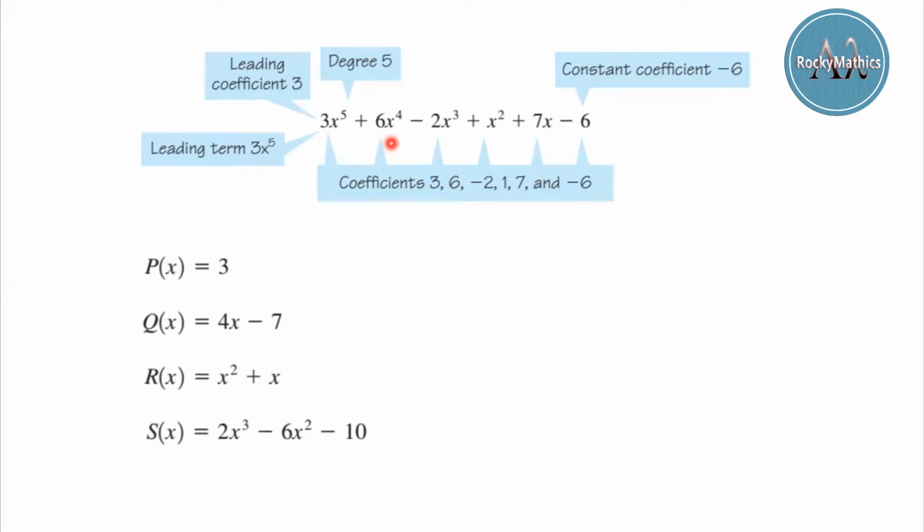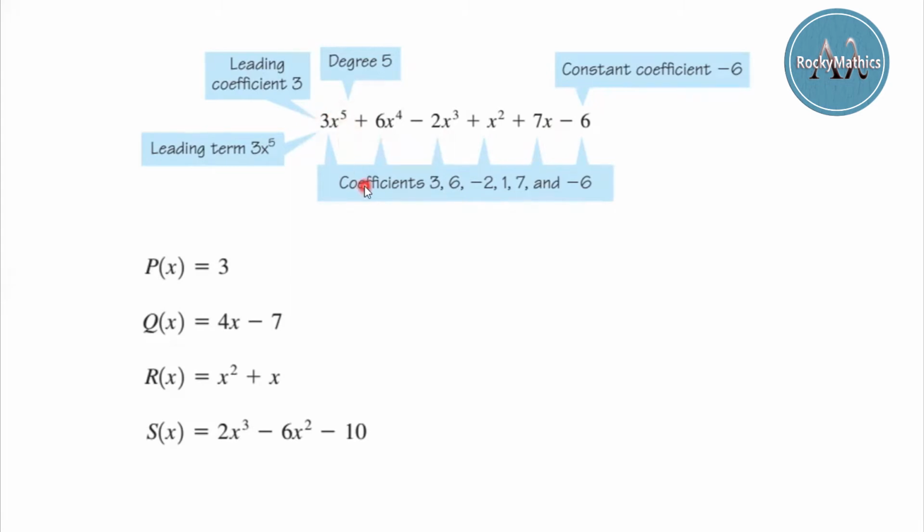Now in this case, the leading term is 3x raised to 5, and 3 is the leading coefficient because it is the coefficient with the highest power. What is the highest power? The highest power is 5. Therefore, the degree of this polynomial function is 5.